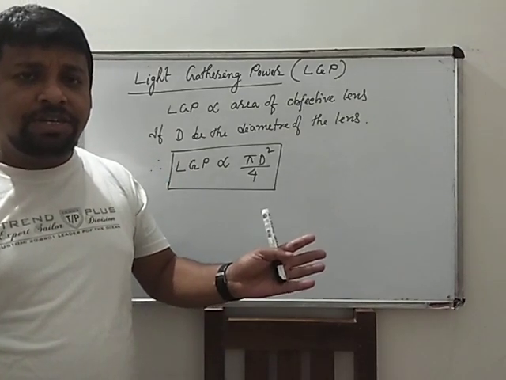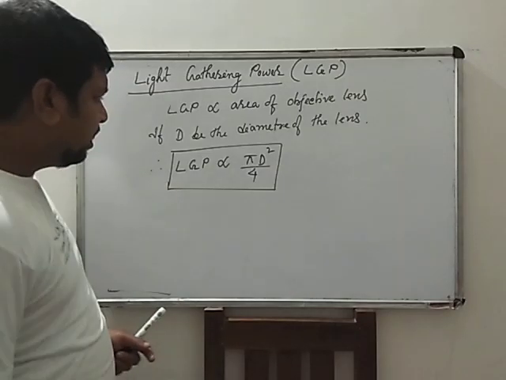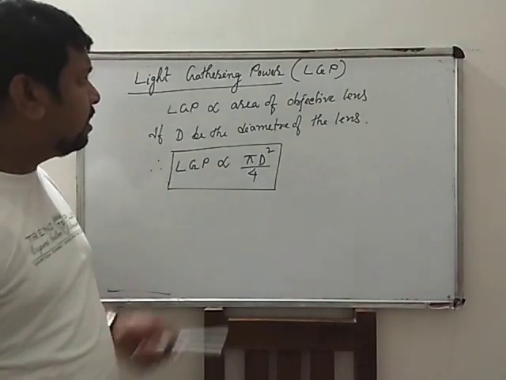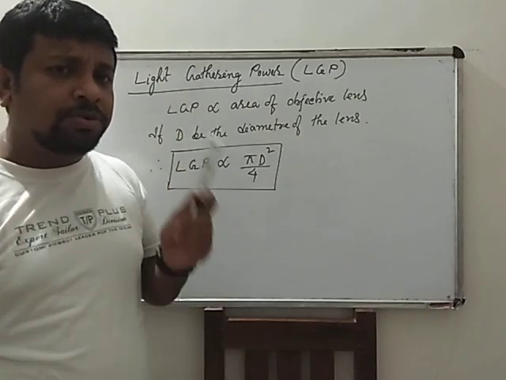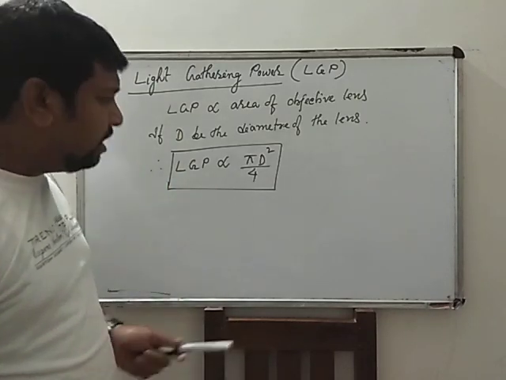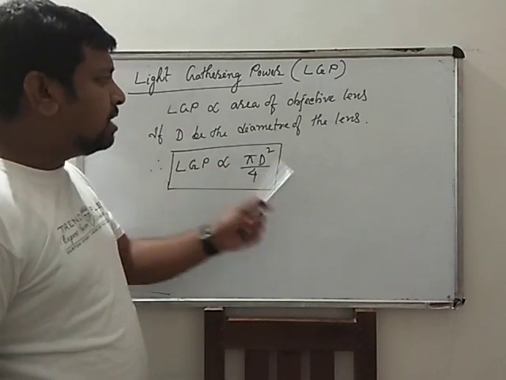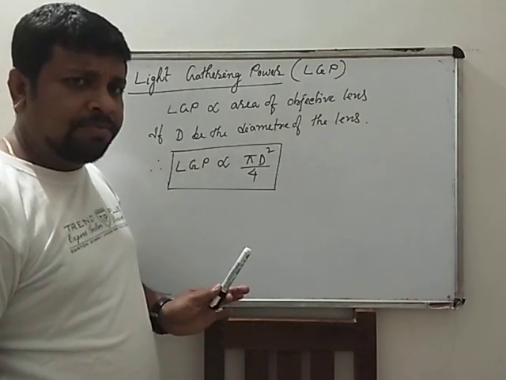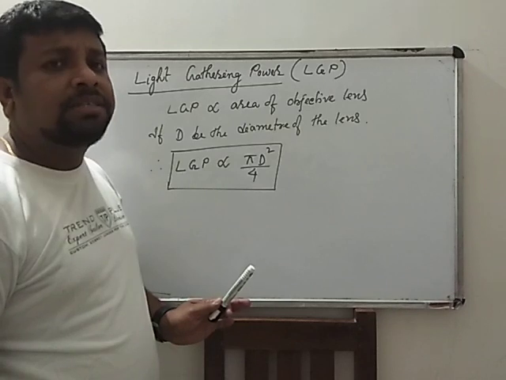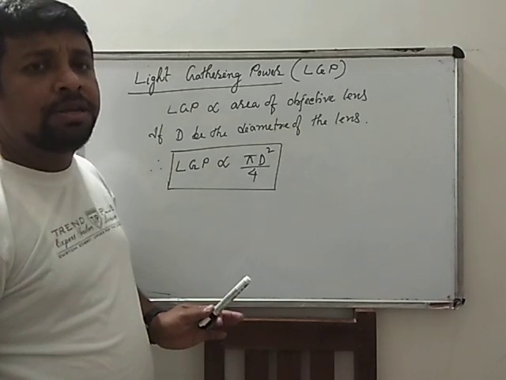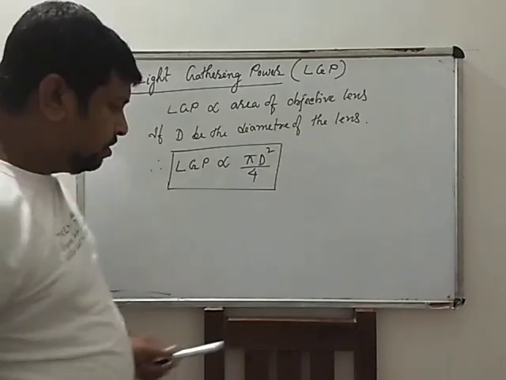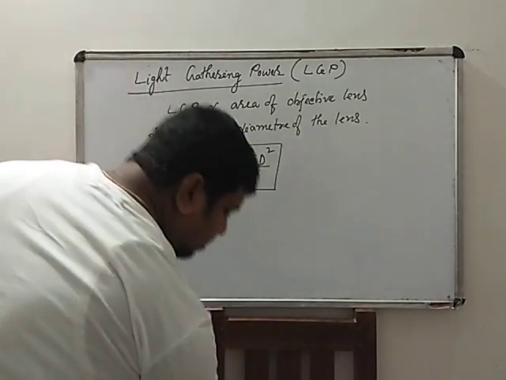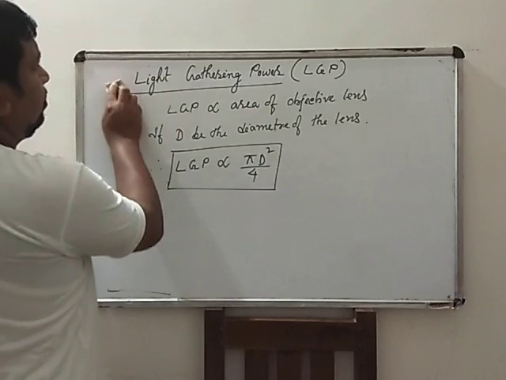So this is one drawback, and another drawback is light gathering power. In an astronomical telescope, to increase the brightness we require a large diameter lens, but a large diameter lens is not preferable for manufacturing. Next is resolving power.